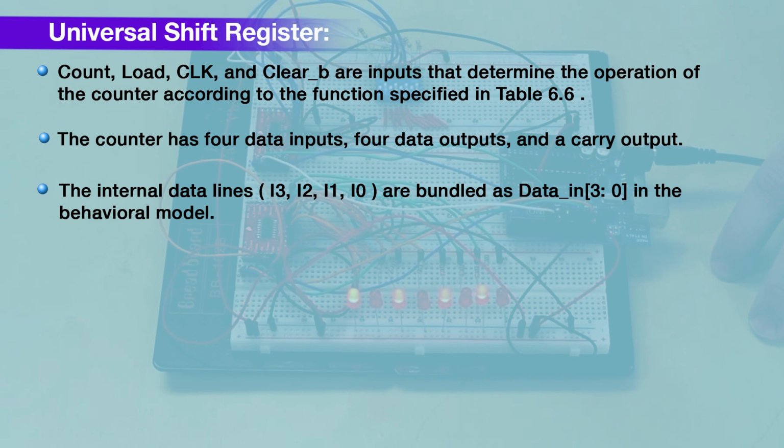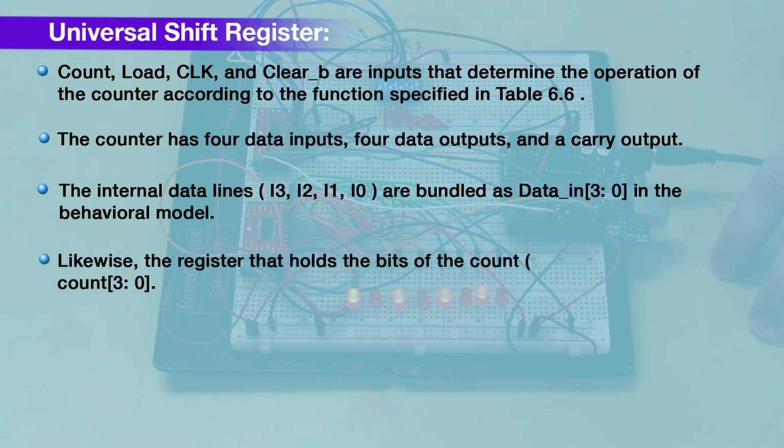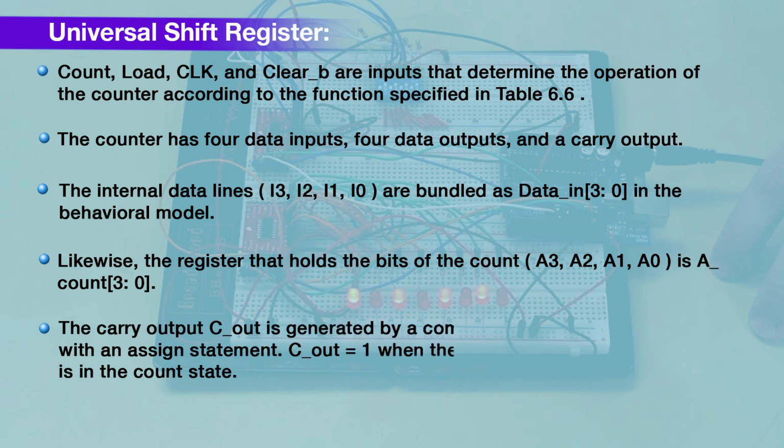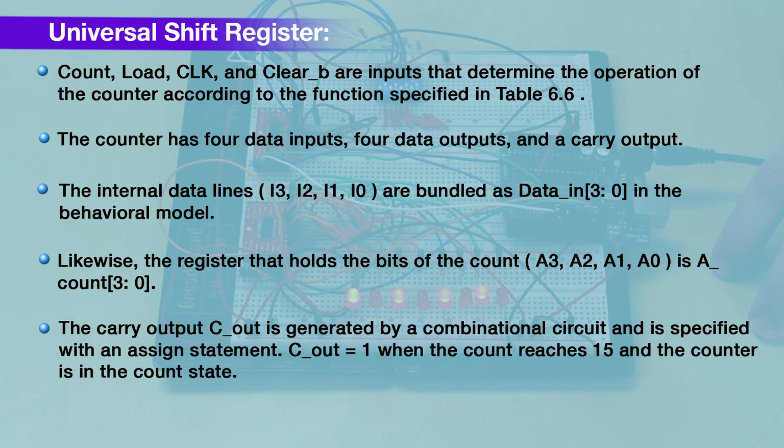In the behavioral model, likewise, the register that holds the bits of the count, A3, A2, A1 and A0, is A count. The carry output C out is generated by a combinational circuit and is specified with an assign statement.